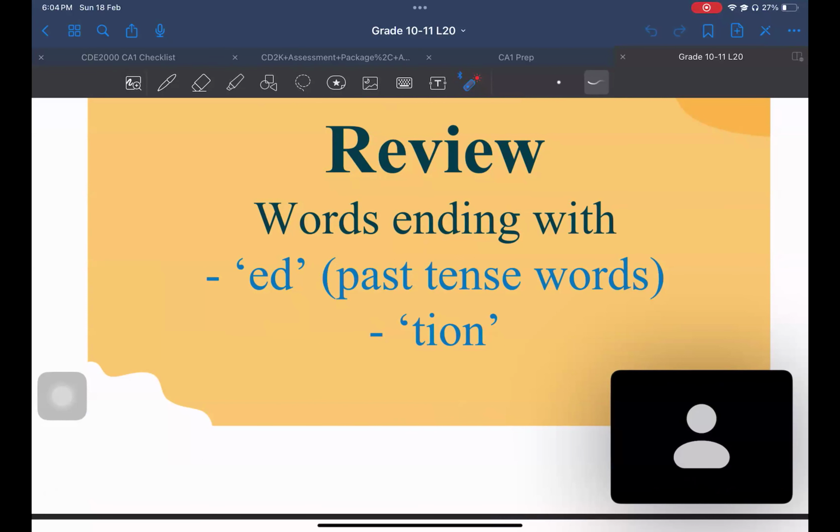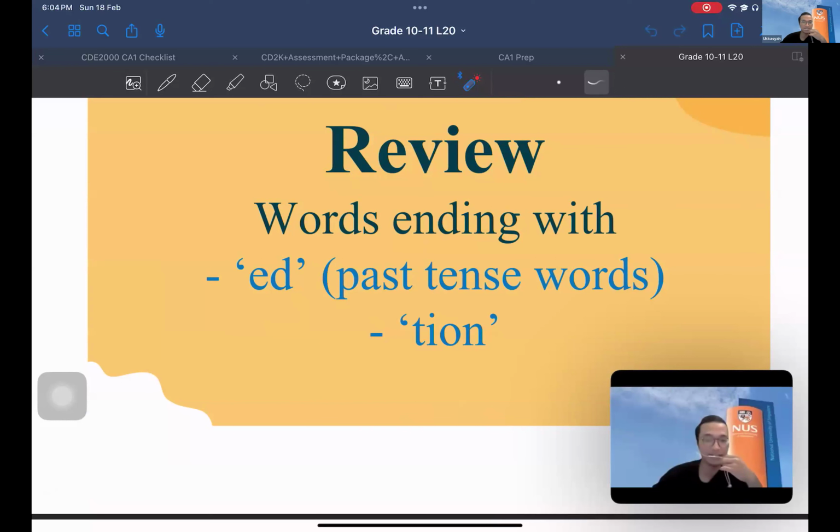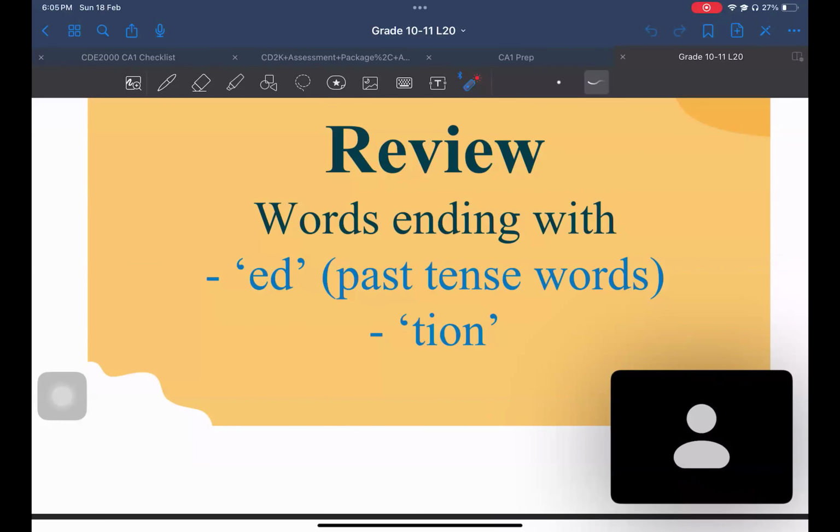ED is used for past tense, and TION, which is pronounced shen, is usually the noun form of action verbs, like explanations, etc.